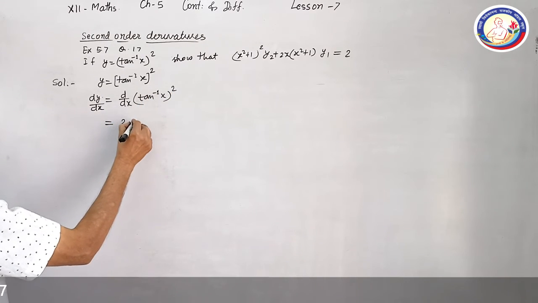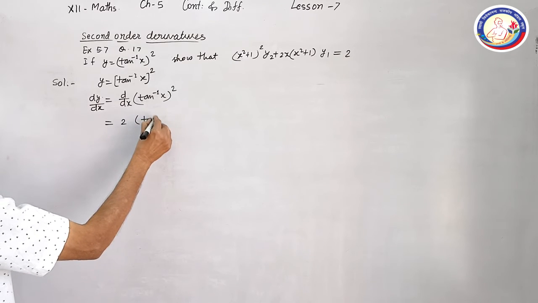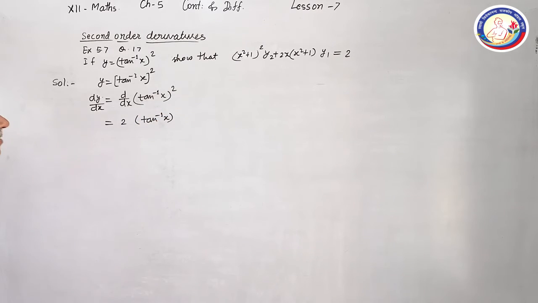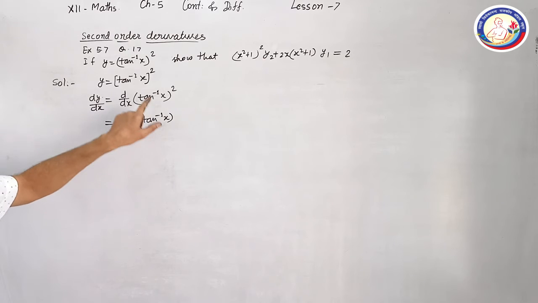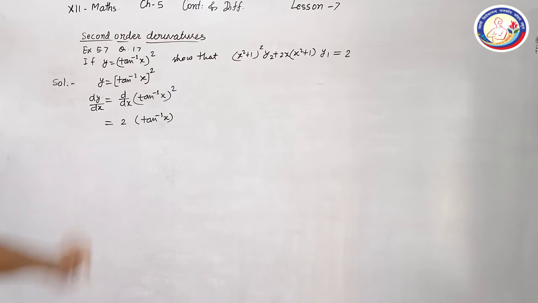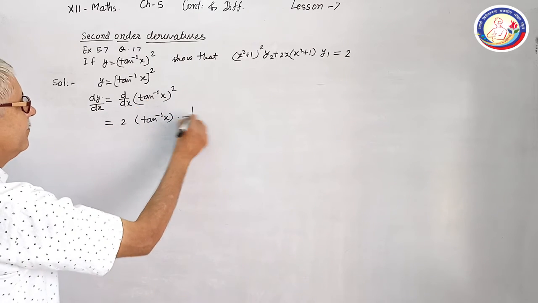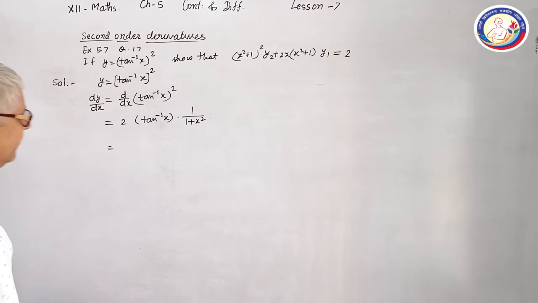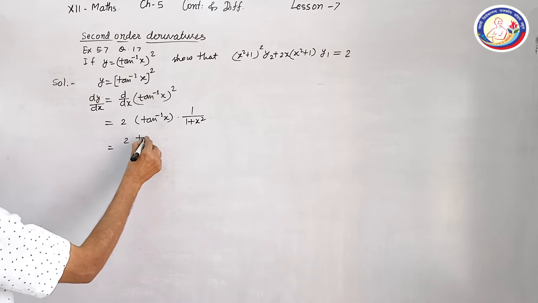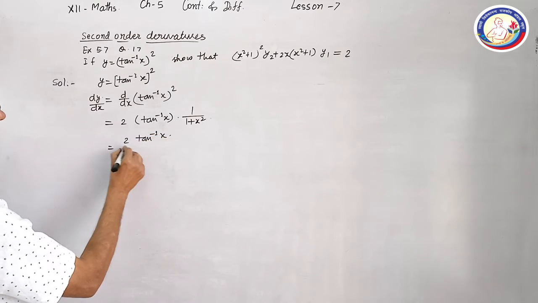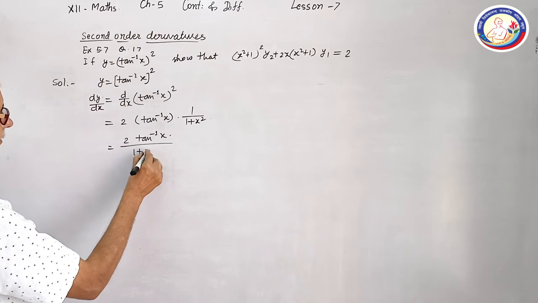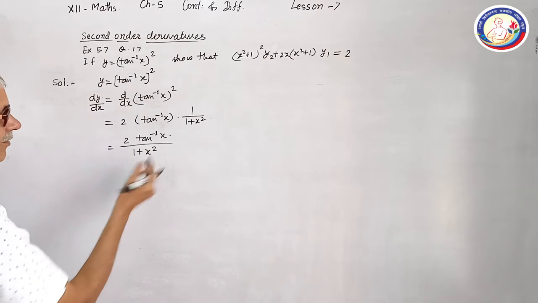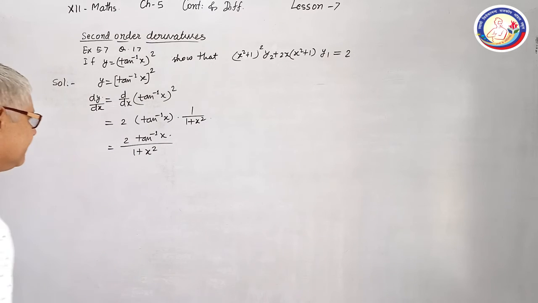We shall have twice of tangent inverse x. Now find the derivative of tangent inverse x. It will be 1 upon 1 plus x square. This will be twice of tangent inverse x divided by 1 plus x square, or x square plus 1, whatever you may call.